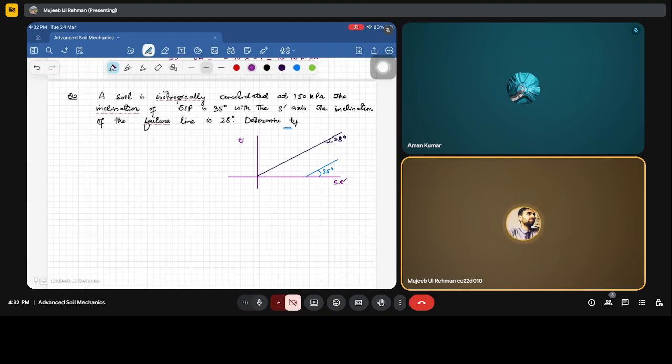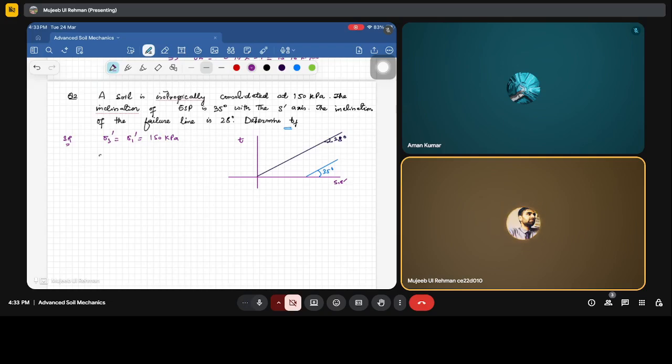Now we know that at initial state, sigma 3 dash is equal to sigma 1 dash, which is equal to 150 kPa, right? For an isotropically consolidated specimen, correct?